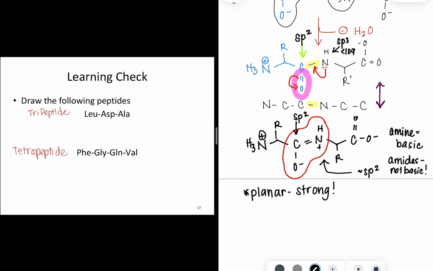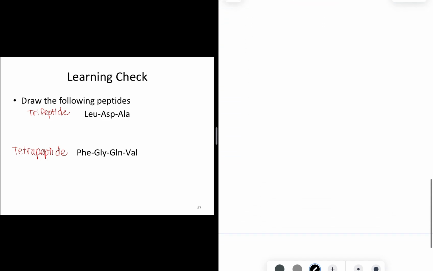I will do them. Let's see, I don't really have a lot of space there, so leucine, it kind of helps if you write all the amino acids first. So I'll write out leucine. Oops, somehow I ended up with pencil.